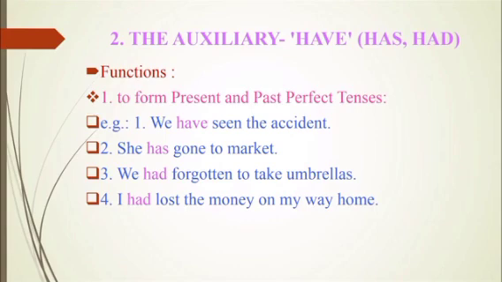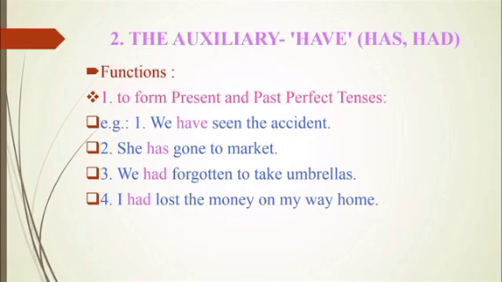She has gone to market. We had forgotten to take umbrellas. I had lost the money on my way home. In these four sentences, have, has, had are have verbs.